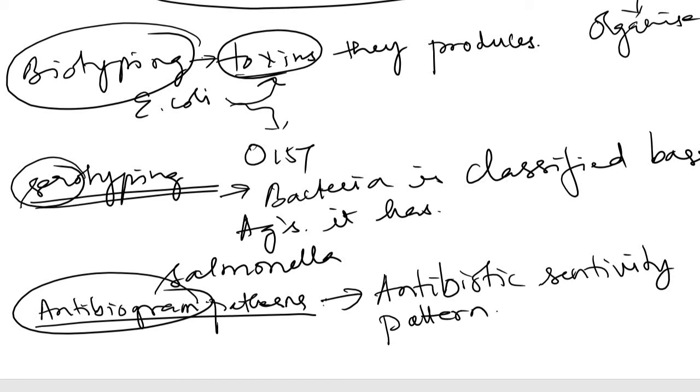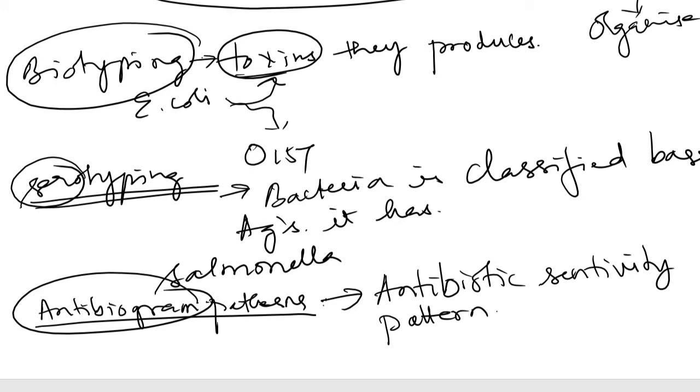Now what is antibiotic sensitivity pattern? In the lab, you are going to test the bacteria for sensitivity to different antibiotics, and there you are going to get, like say Escherichia coli, which is sensitive to certain antibiotics. A particular bacteria is sensitive to certain antibiotics, that gives you the antibiogram.